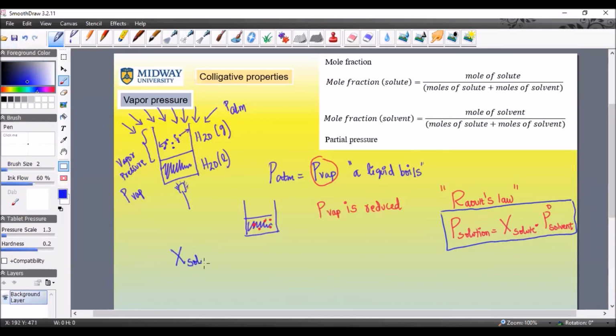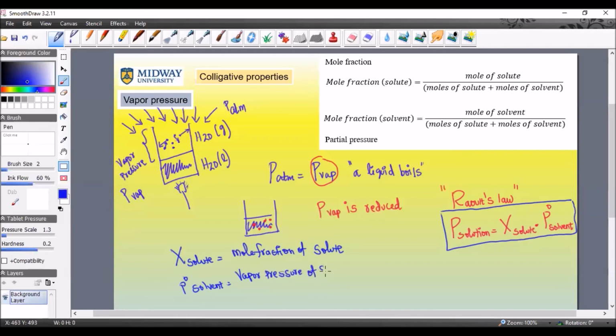This is nothing but the mole fraction of solute. And P0 solvent is the vapor pressure of the pure solvent.